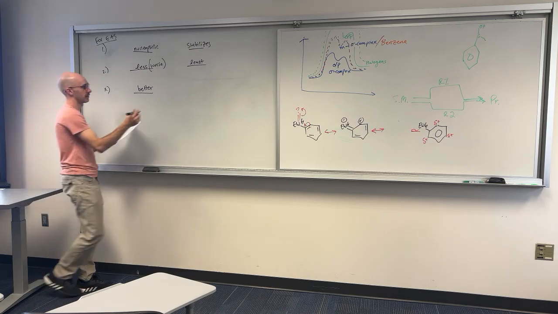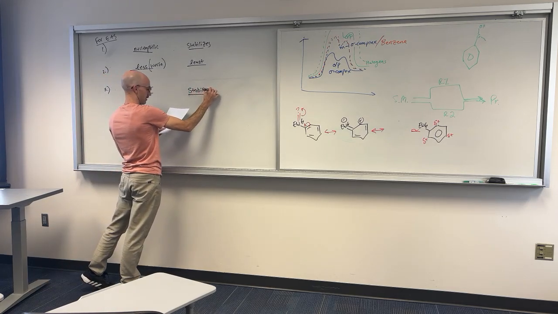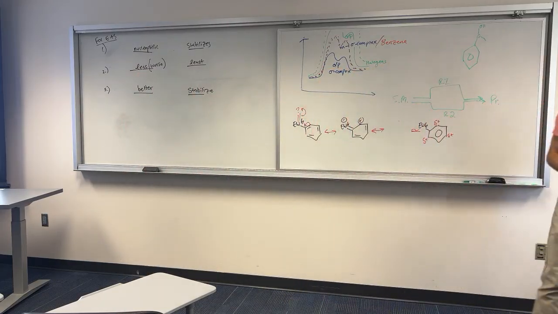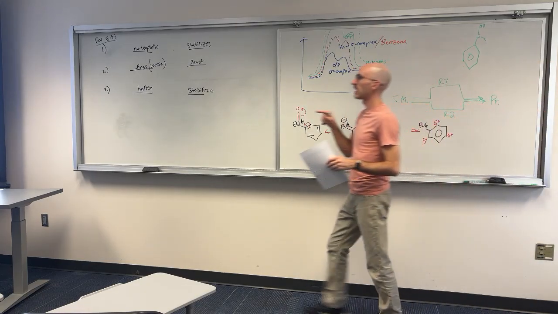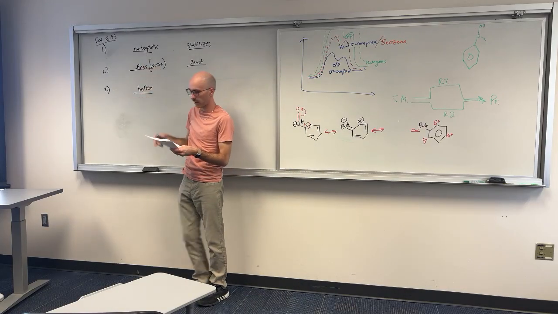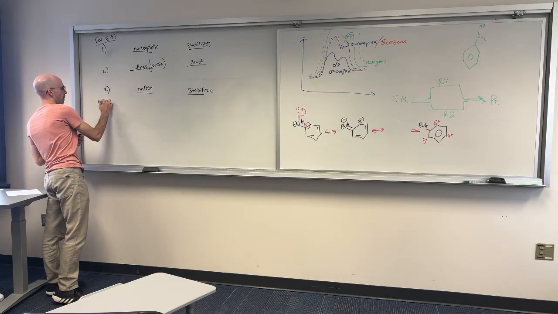But they stabilize the sigma complex at ortho-para positions. They're just not as good at making those positions more nucleophilic than electron donating groups. Why would you say but then?